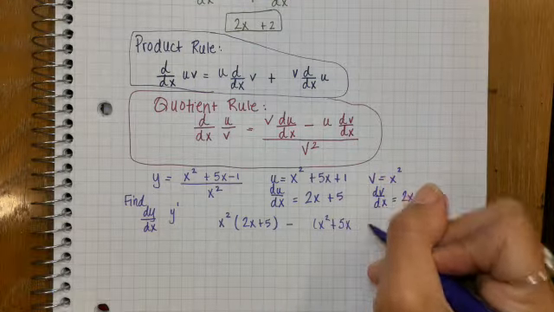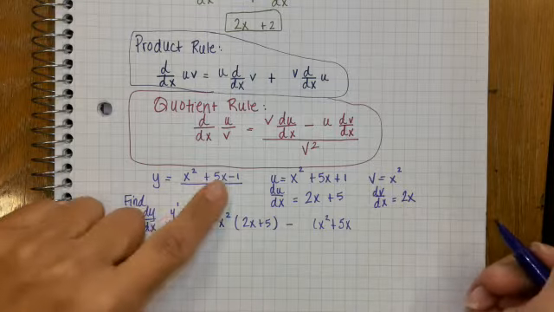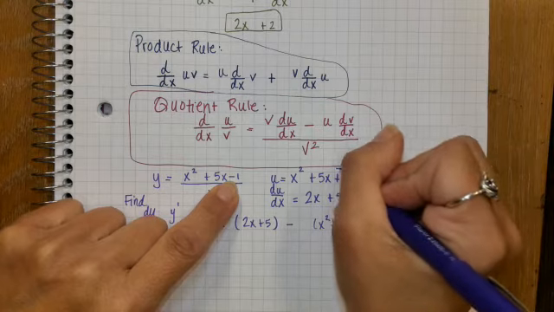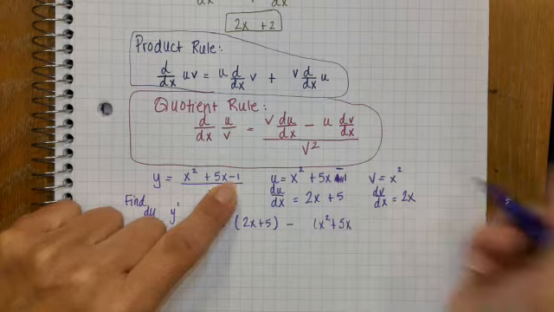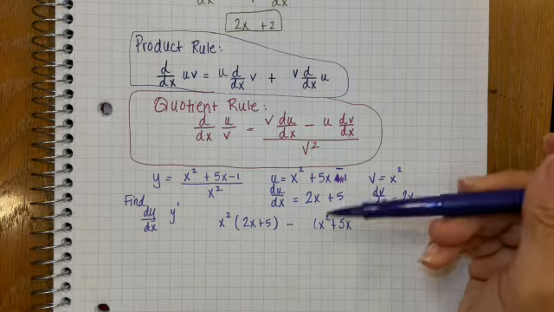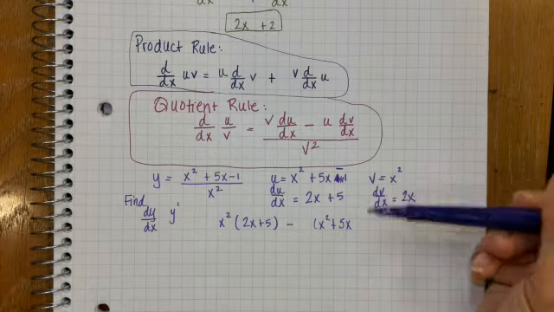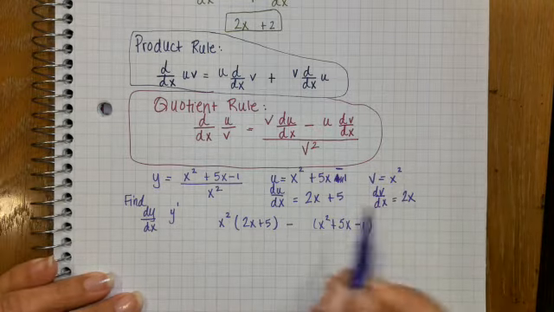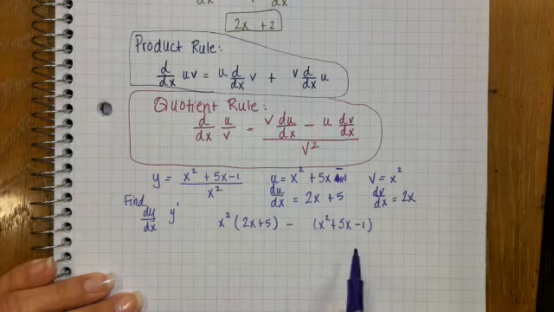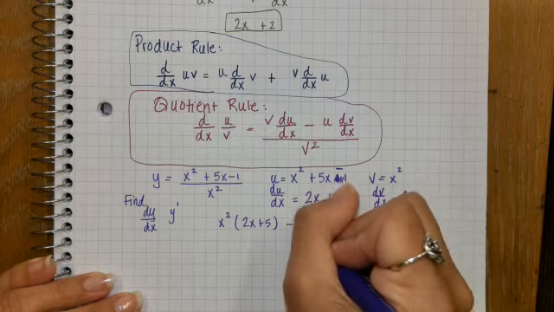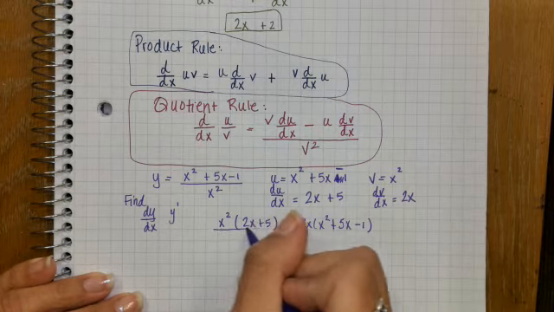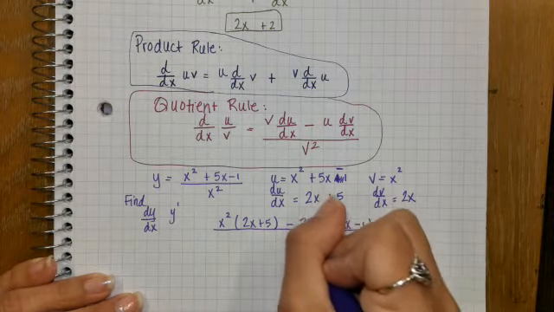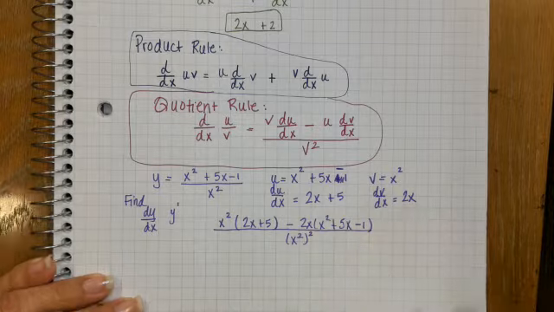Okay, so I wrote minus here and I wrote plus here. I don't think that affects anything else. No. Okay. So x squared plus 5x minus 1 is my u times the derivative of v, which is 2x. I like to put that monomial in the front, all over v, which is x squared squared.